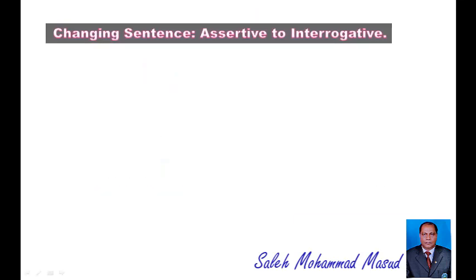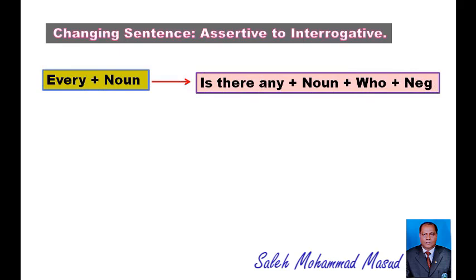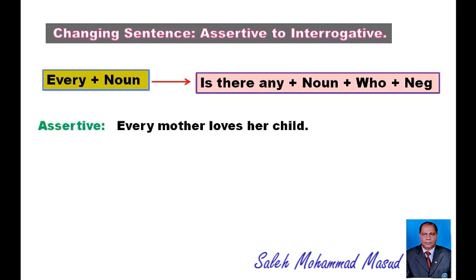Next rule, if we get any sentence where the word every comes before a noun, we have to follow the structure: is there any plus noun plus who plus negative. Here's an example for you.